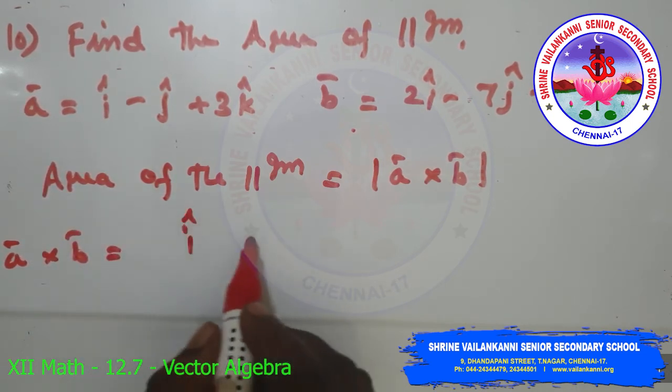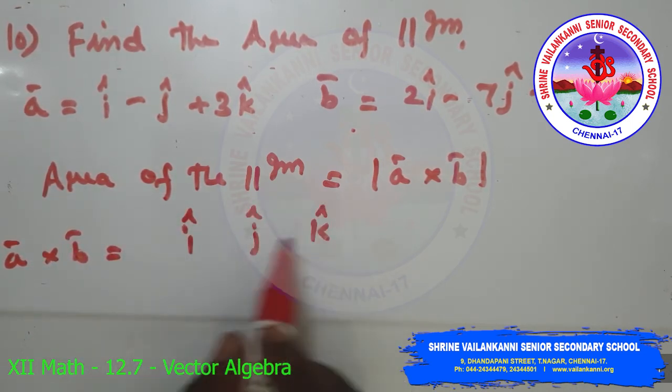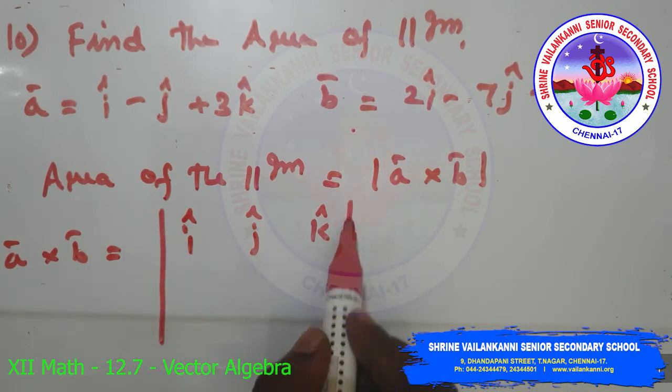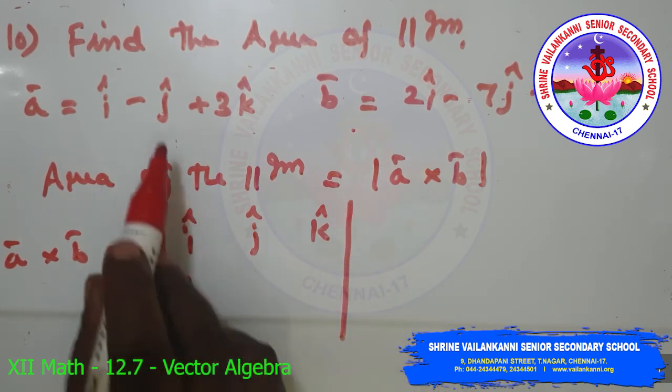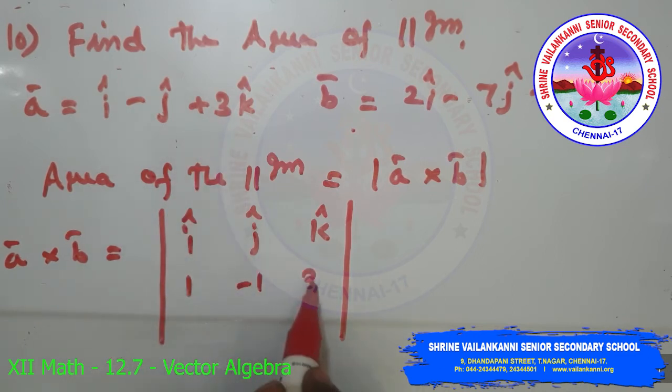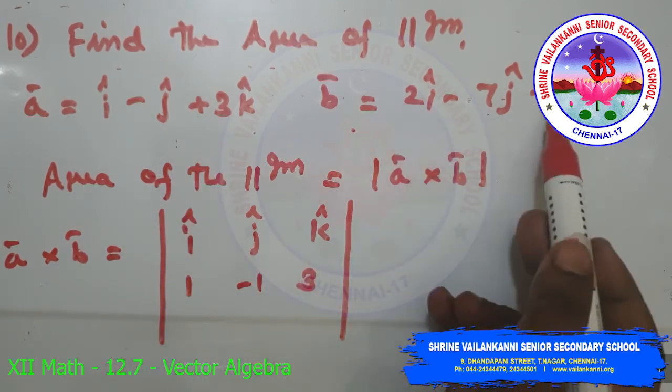which is i, j, k. The vector product can be written in determinant form: 1, -1 and 3; here it is 2, -7 and 1.